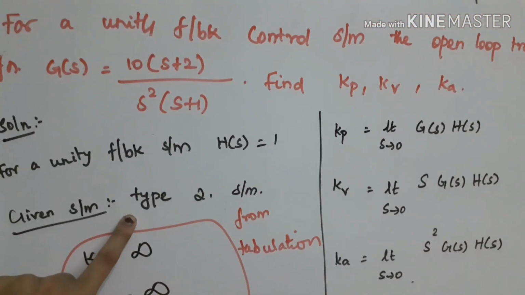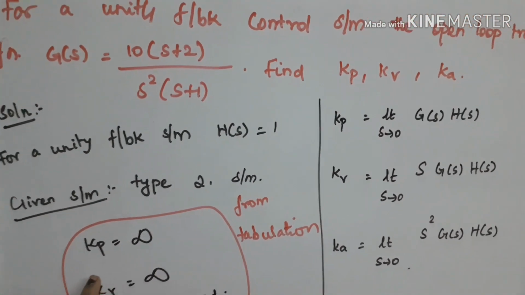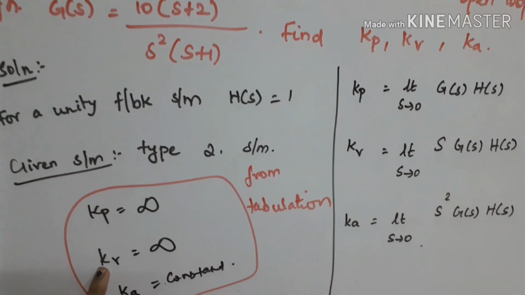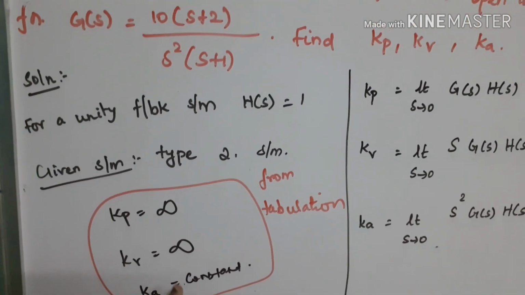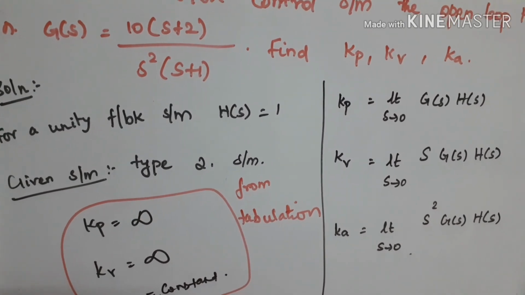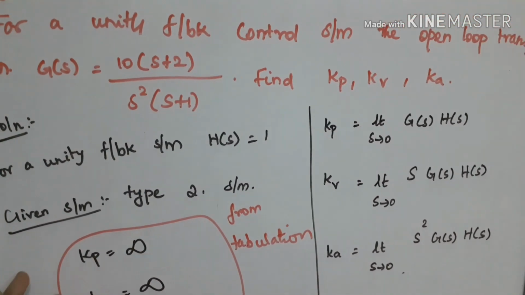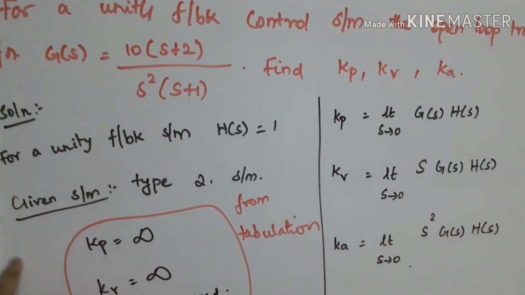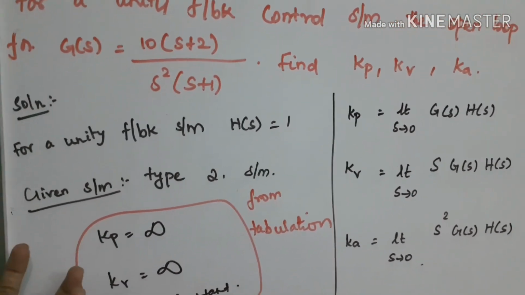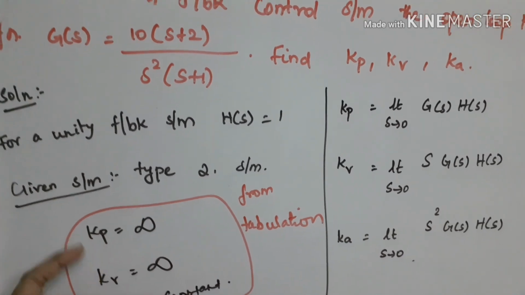For a type 2 system, the positional error constant is infinity, the velocity error constant is infinity, and the acceleration error constant is a constant value. In the tabulation they have given 1 by Kp, so 1 by Kp is equal to 0, hence Kp is equal to infinity.